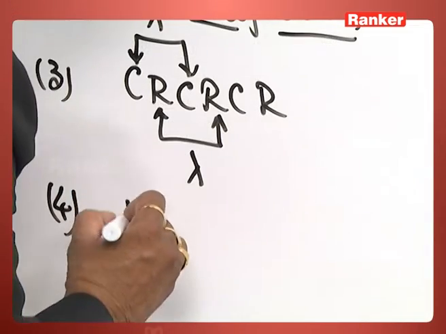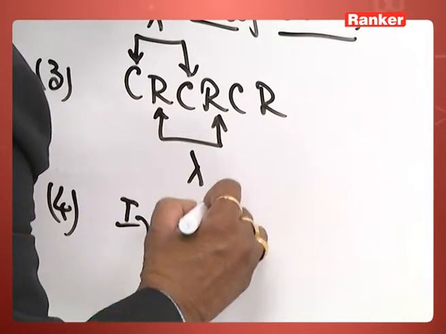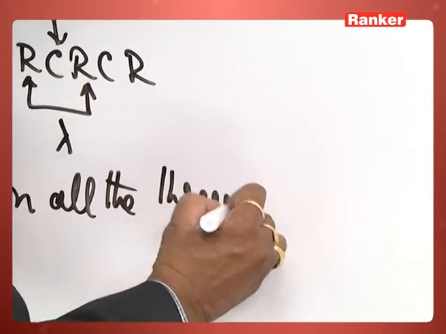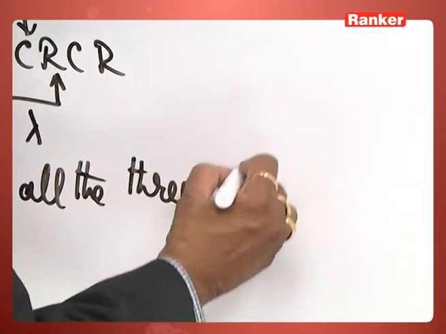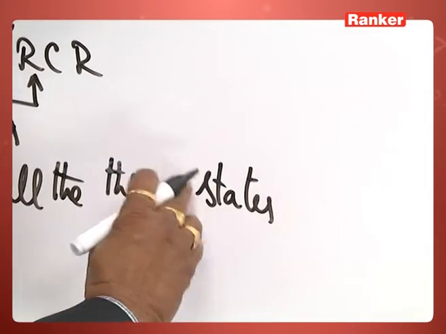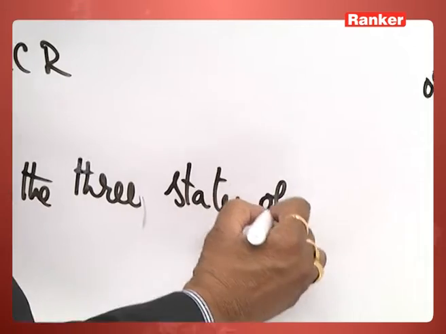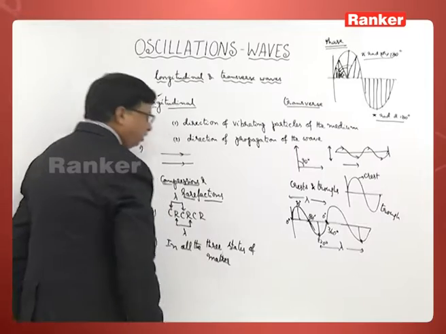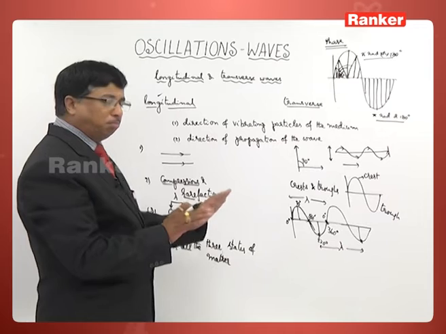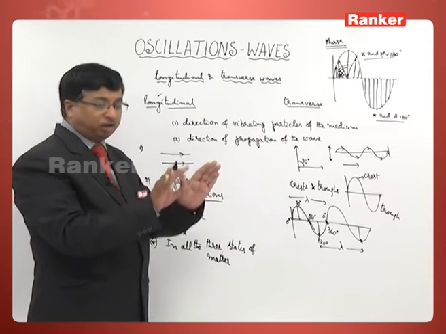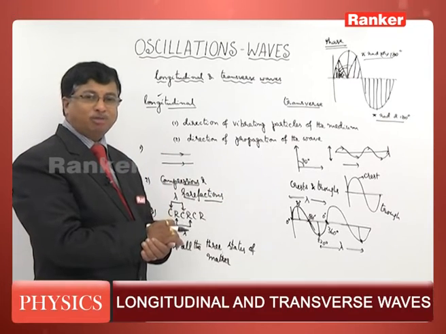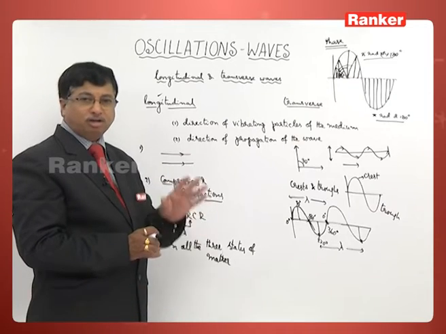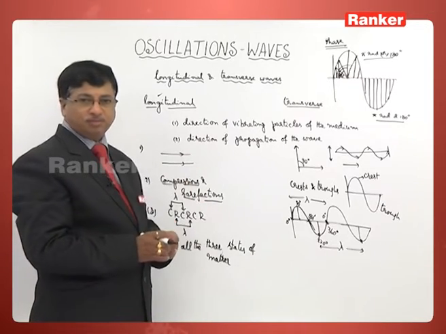So, in all the three states of matter, we can produce them. That means there is no such material medium in which you cannot produce a longitudinal wave. Surely you can produce them in solids, in liquids, even in gases.